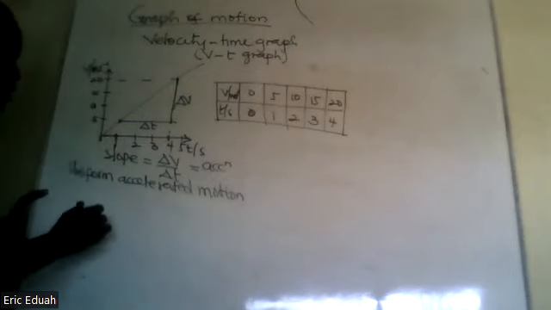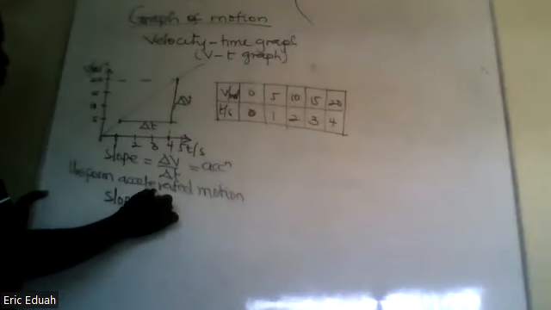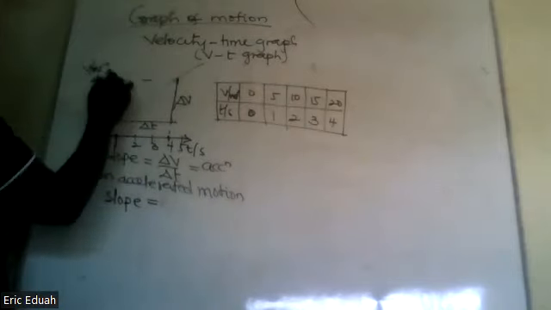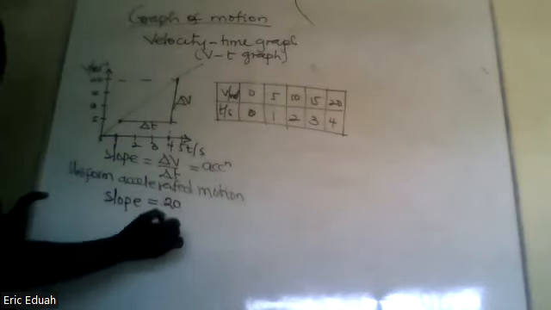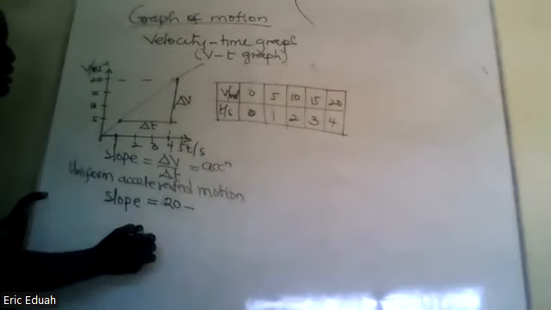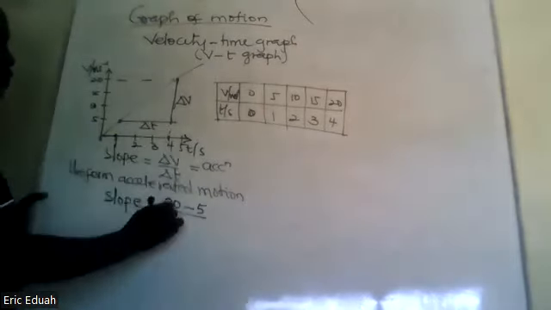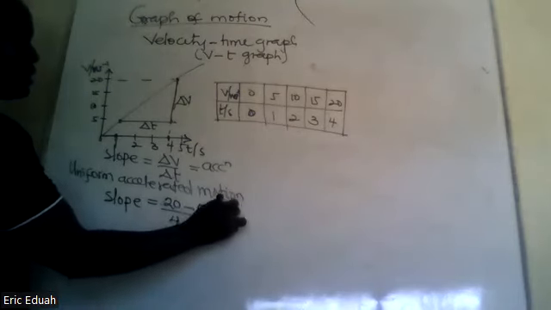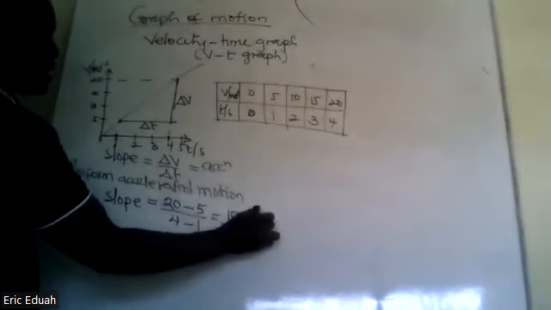If you are looking for the slope, this slope will be equal to delta V. Your y2 is 20 minus y1, which is 5, over change in time, 4 minus 1. So we have 15 on 3, which is 5 meters per second squared.